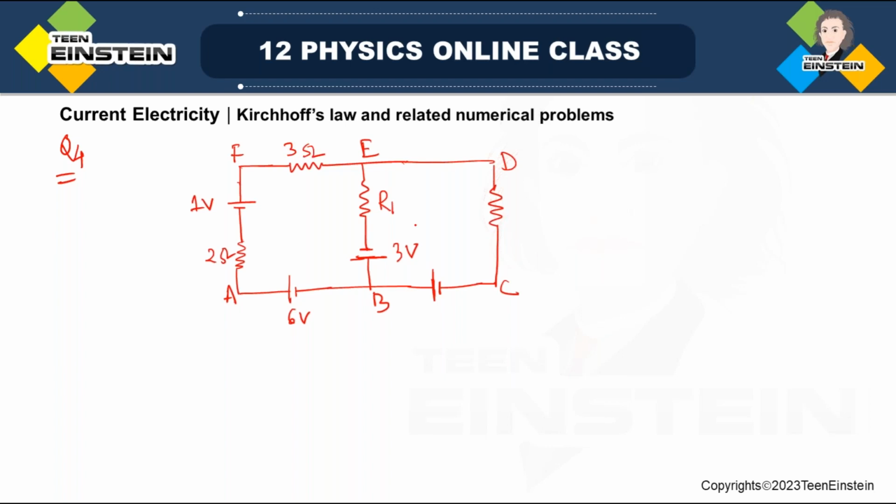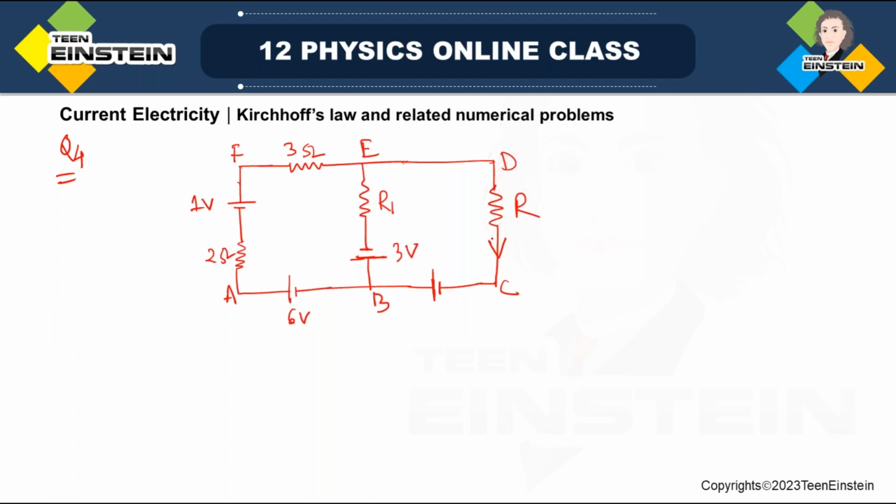This is 3 ohm and this is again R. Okay, see this arrow is given like this. This figure arrow is given. Okay, let me make it nicer. Like this it is given.